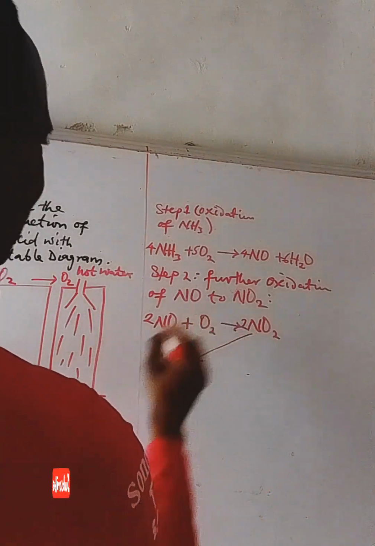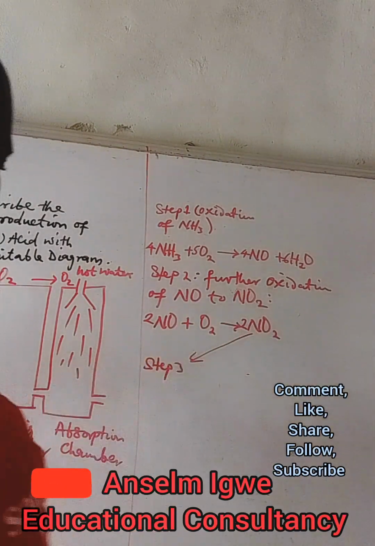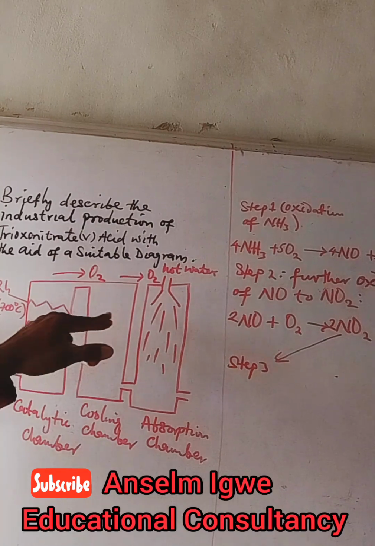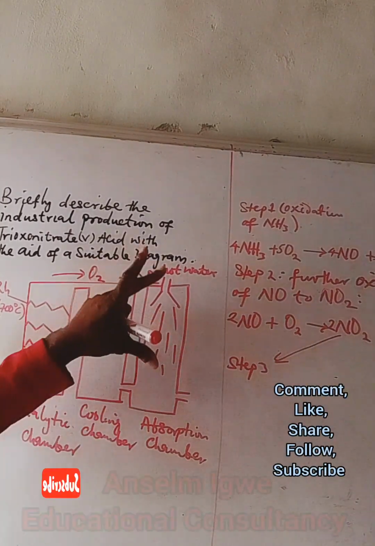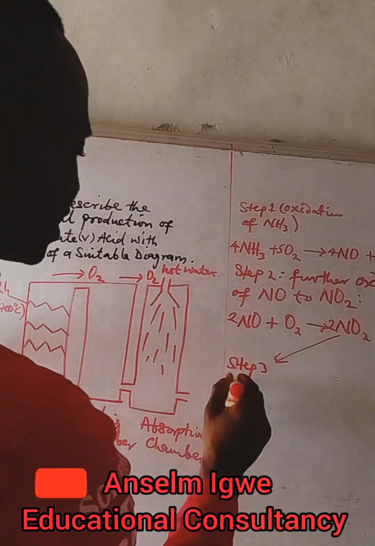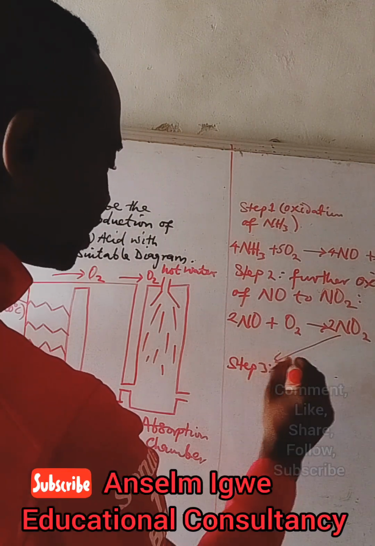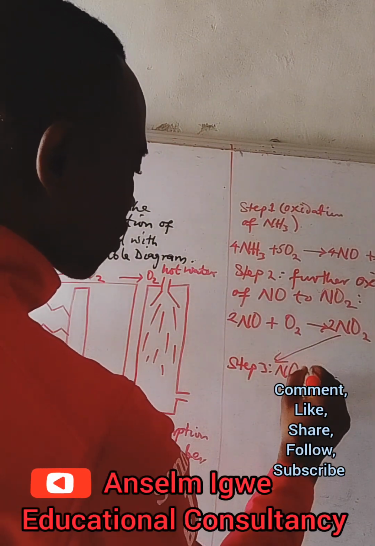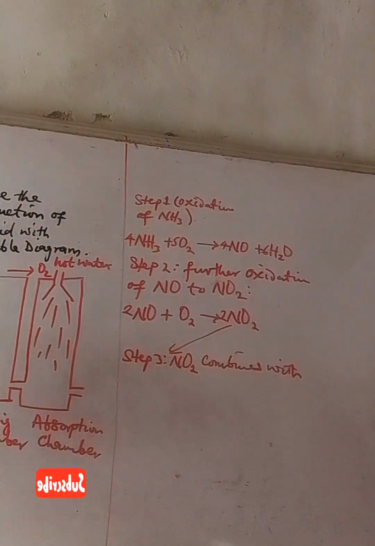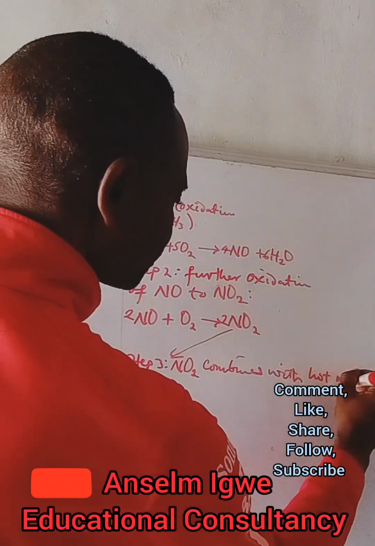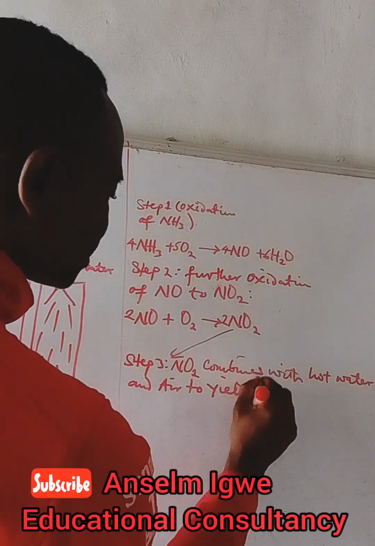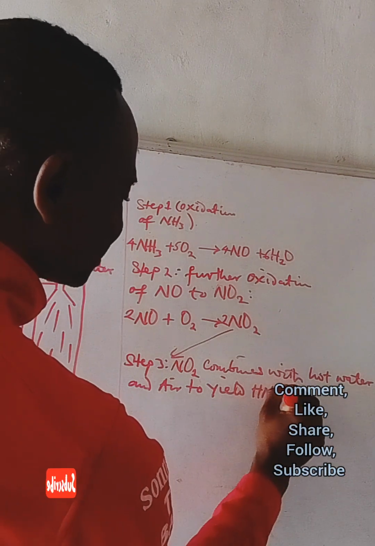After this, we go to step 3. That is where this nitrogen 4 oxide gas produced in the cooling chamber enters the absorption chamber. Here, it reacts with hot water and air. So nitrogen 4 oxide combines with hot water and air to yield trioxonitrate 5 acid.